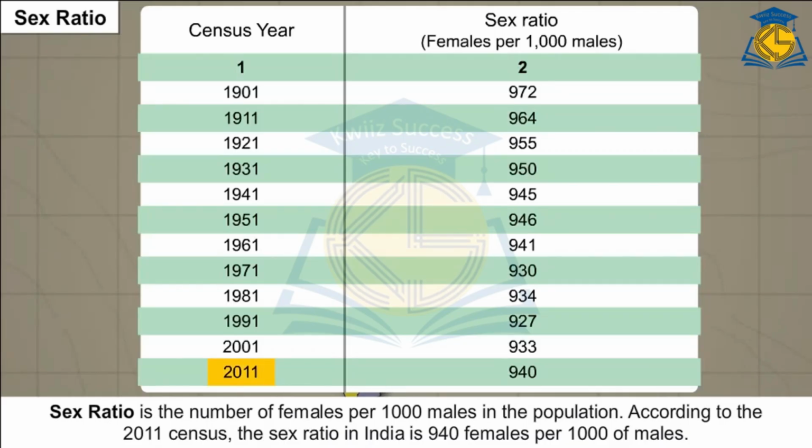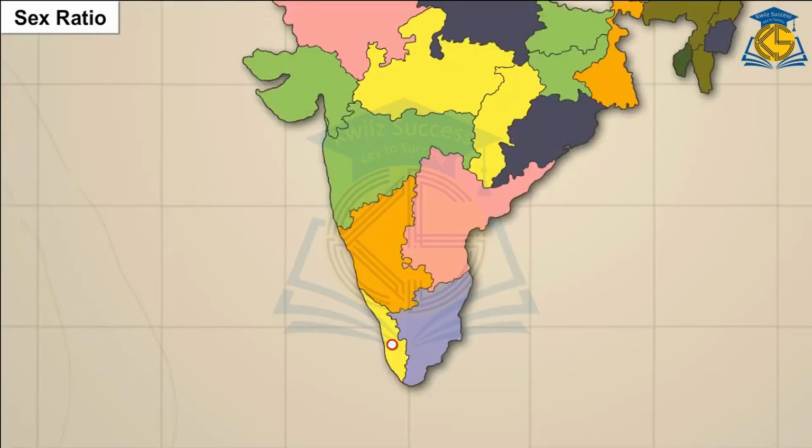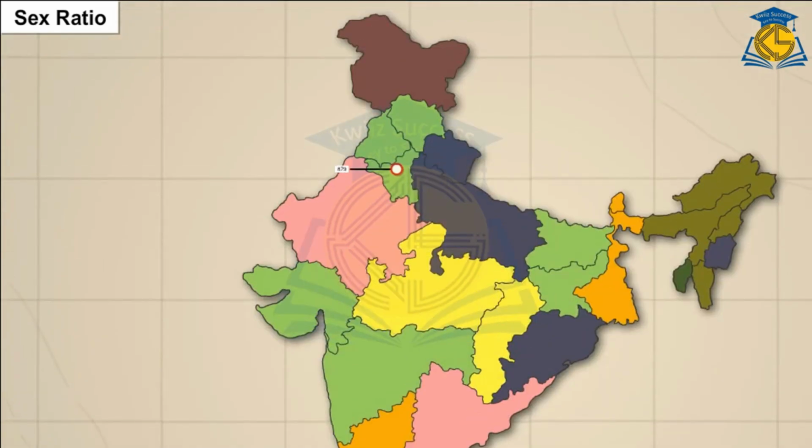According to the 2011 census, the sex ratio in India is 940 females per 1,000 males. Kerala has the highest female sex ratio, 1,084, while Haryana, 879, and Delhi, 868, have the unfavorable sex ratios.